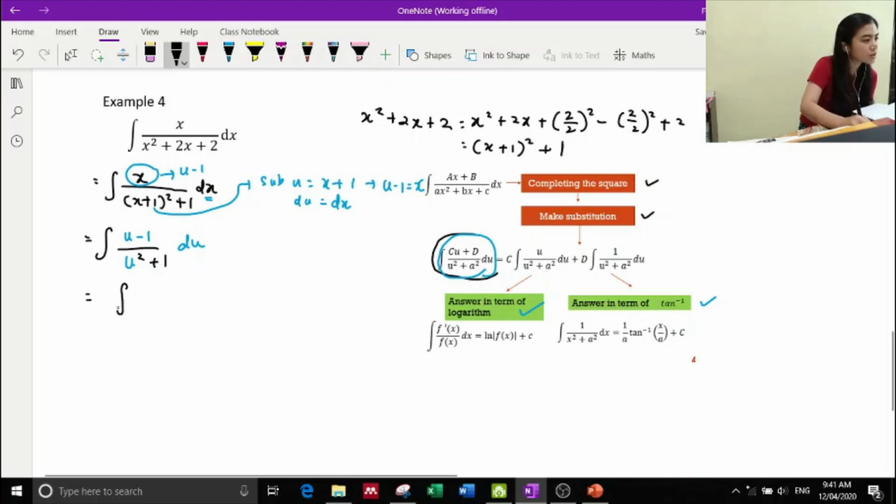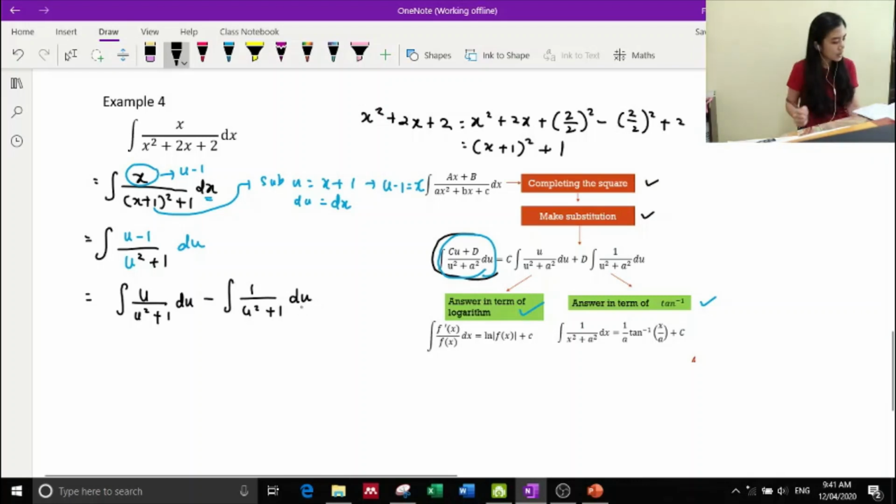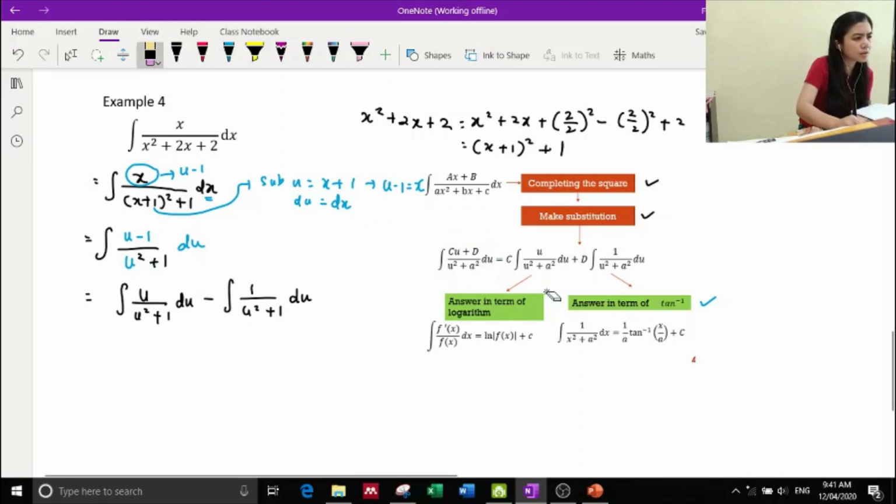When we separate it, the first one will give you u over u squared plus 1 du. The second will give you 1 over u squared plus 1 du. Right?